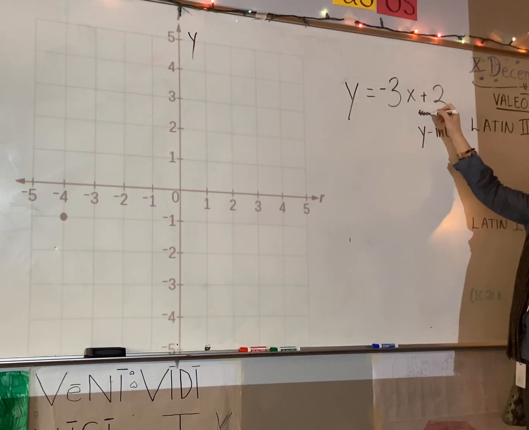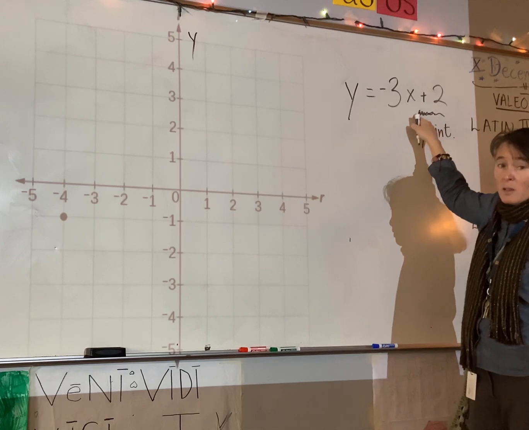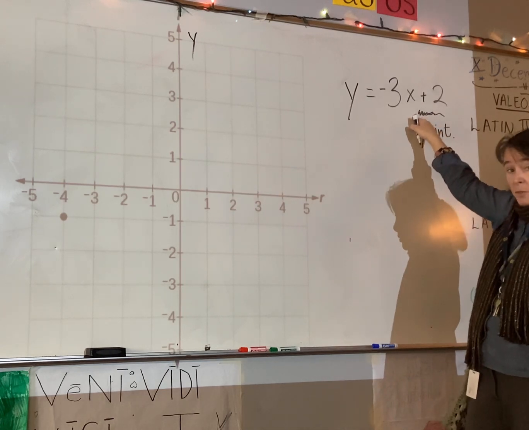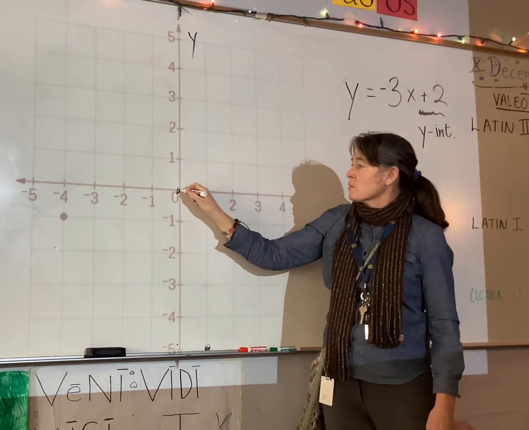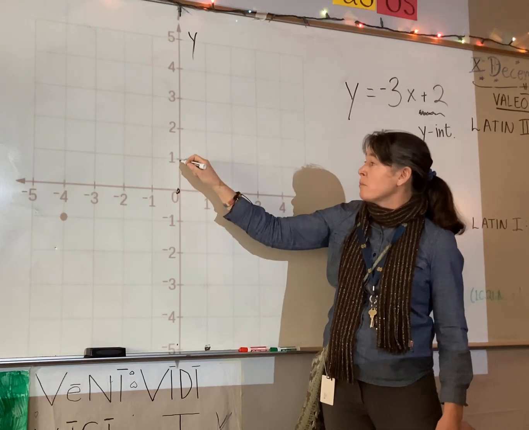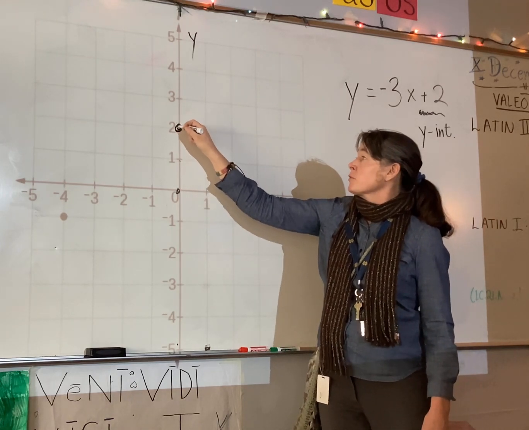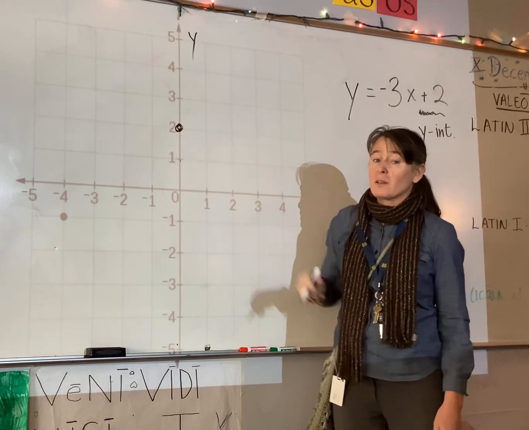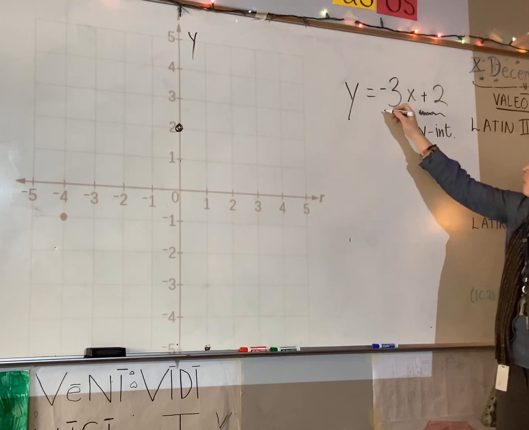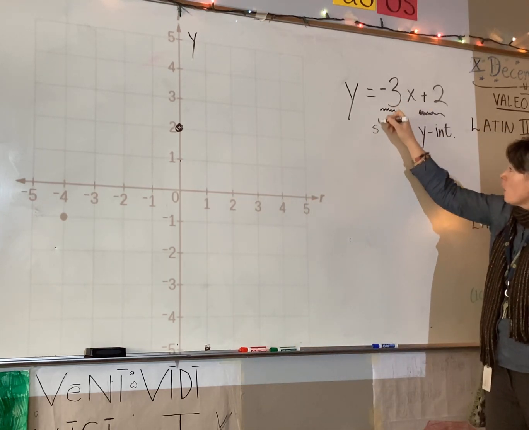So the first step in graphing the equation is to locate that point. It's positive 2, so we start at the origin, 0, 0, and we hop up 2 jumps, and we put our first point right here. So that's our y-intercept. The number -3 is our slope.